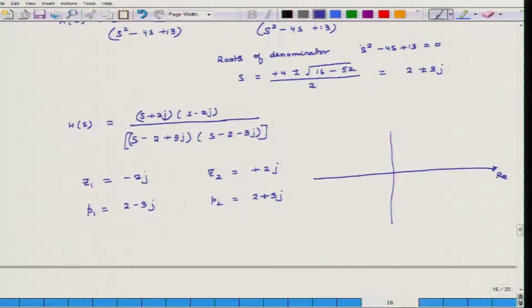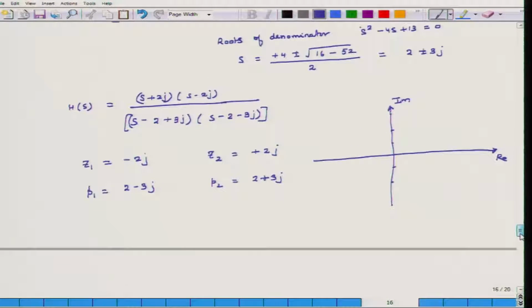That is my real axis, that is my imaginary axis. This is 1, 2, minus 1, minus 2. First I am going to plot the roots of the numerator. One root is at plus 2j, the other at minus 2j. These are the 2 zeros.